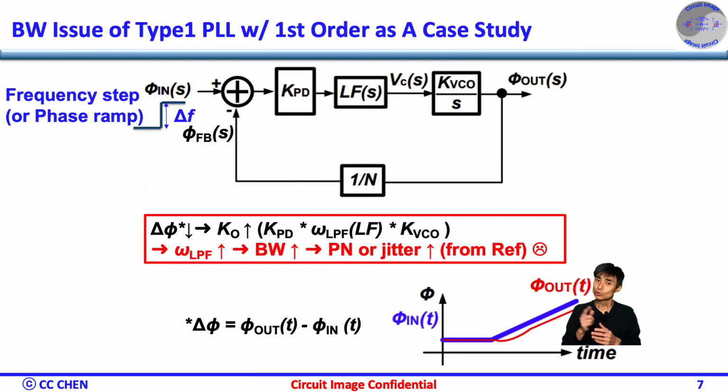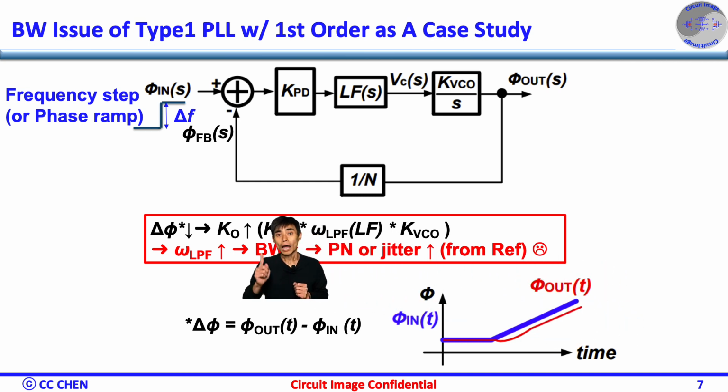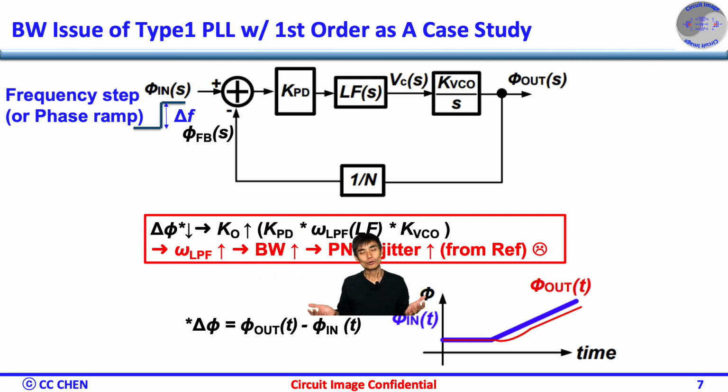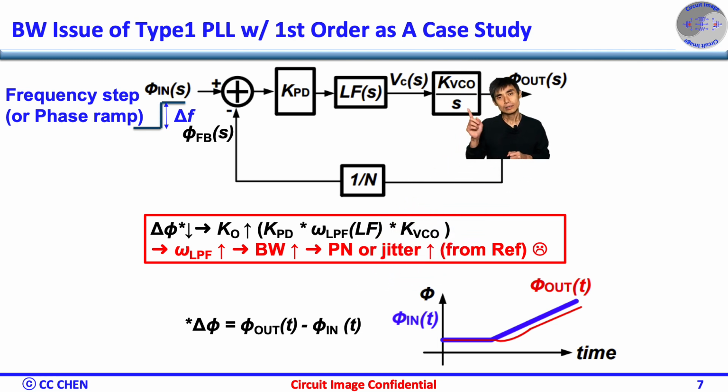Yes, to have a low phase error, we may need to have a larger feed-forward gain, which leads to a wider bandwidth. Unfortunately, in some applications, we would like to have a narrow bandwidth to filter out the input reference clock phase noise or jitter. So again, the type 1 PLL is out.